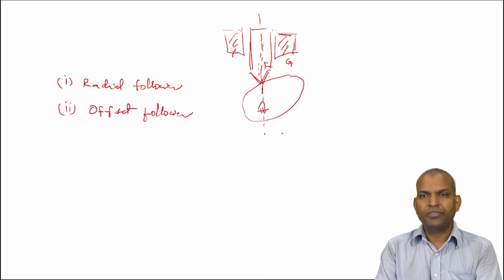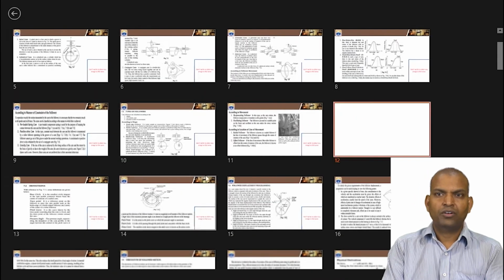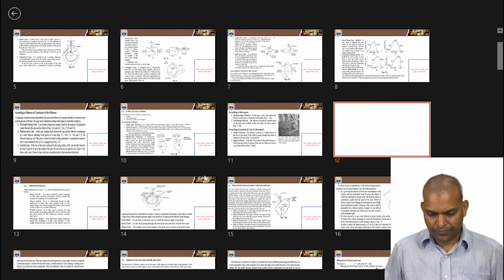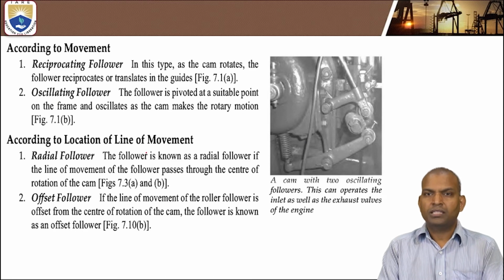The axis of the follower is coincident with, or passes through, the radial axis, the radial motion.